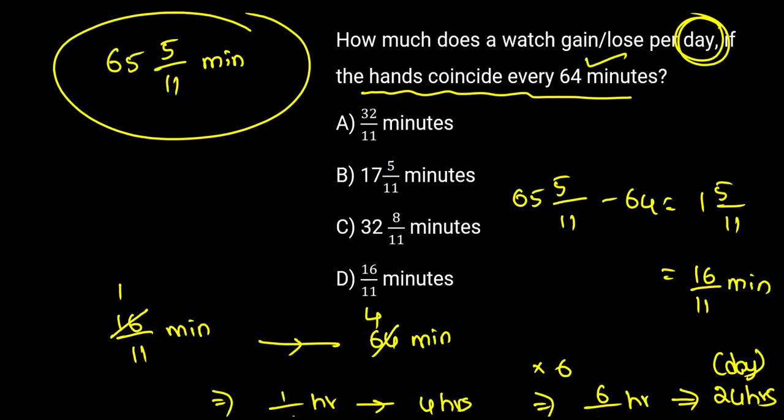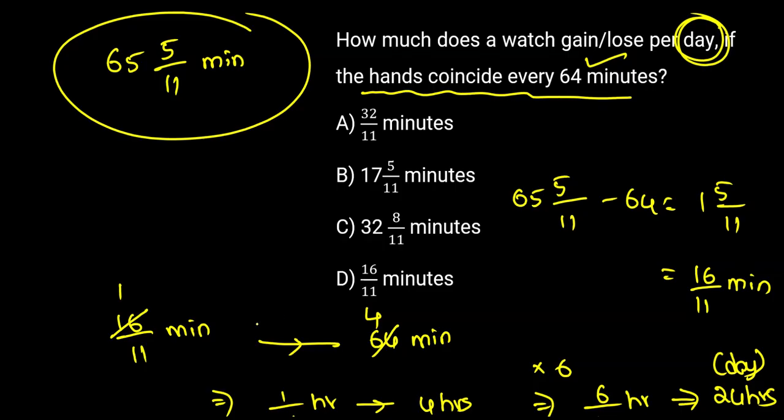If the watch is working correctly, it will coincide every 65 5/11 minutes, but here it is coinciding only every 64 minutes. So there is some gain or loss, right? It's nothing but 16/11 minutes. You are losing or gaining 16/11 minutes in every 64 minutes with respect to this one. Now they're asking per day.